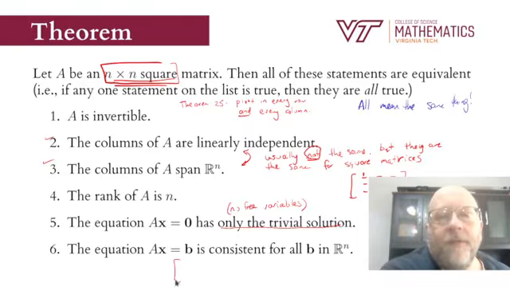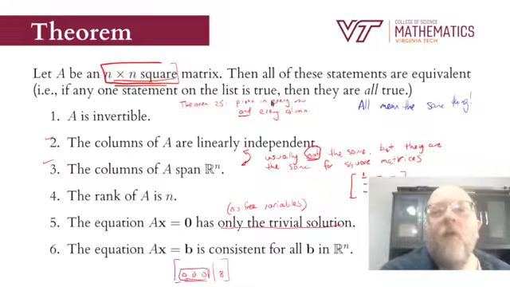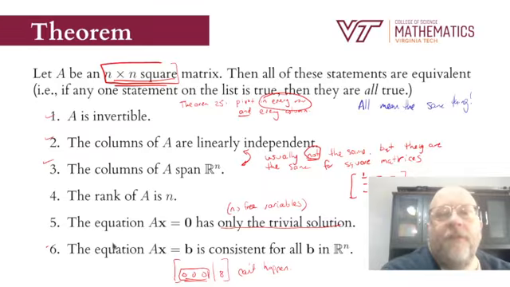To be inconsistent, we need a row that looks like this. But we can't have a row that looks like this because we know that we have a pivot in every row, because the matrix is invertible. And so this can't happen. And therefore, the equation is consistent for all b. All of these statements mean the same thing when we are talking about square matrices.